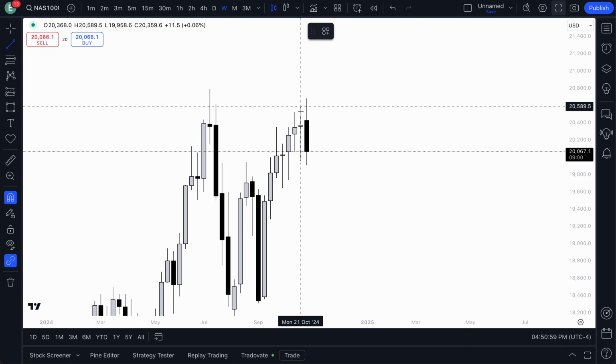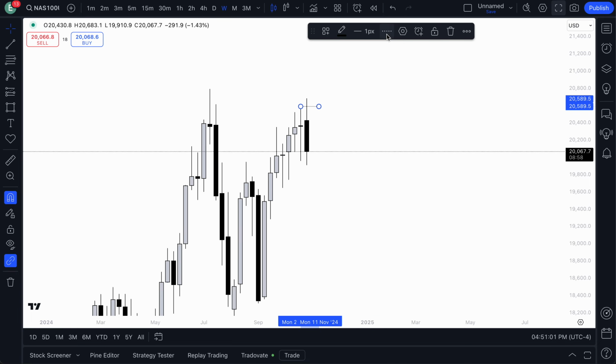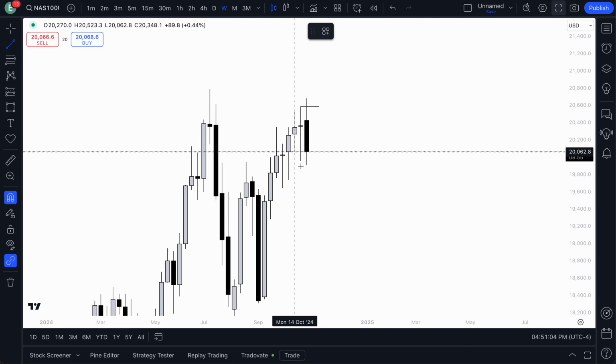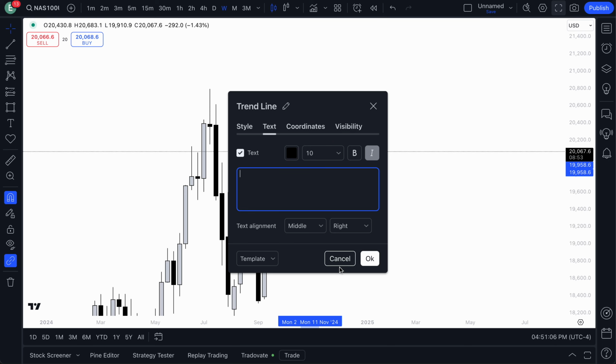Weekly time frame, what do we see? We have the high and we have the low.